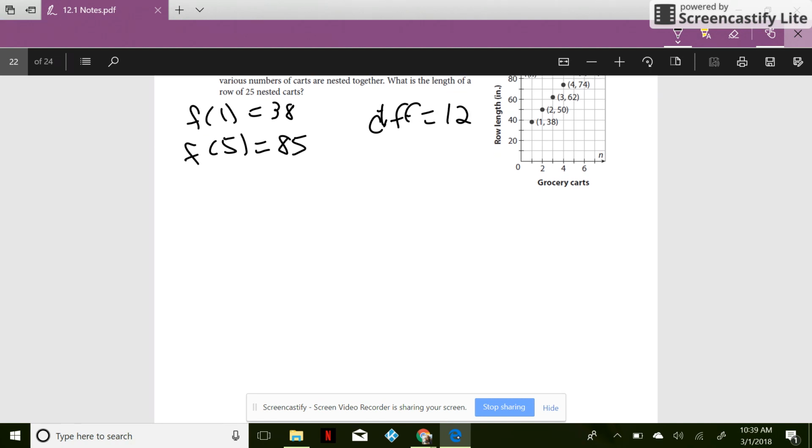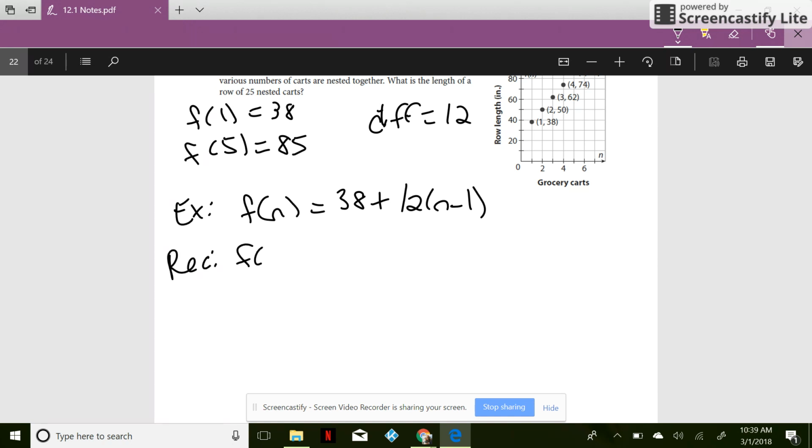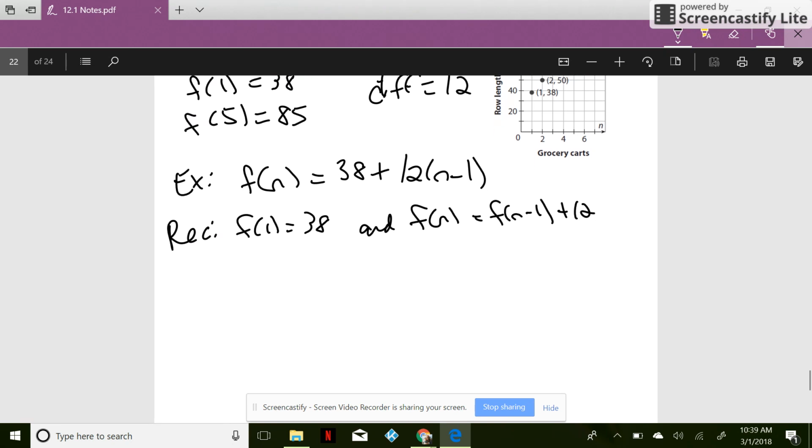Now, if we think about our explicit function, f of n will be equal to our original value 38 plus our difference times n minus 1, since our starting position is at 1. And then the recursive, we'd say f of 1 is equal to 38, and f of n is equal to f of n minus 1 plus the difference of 12.